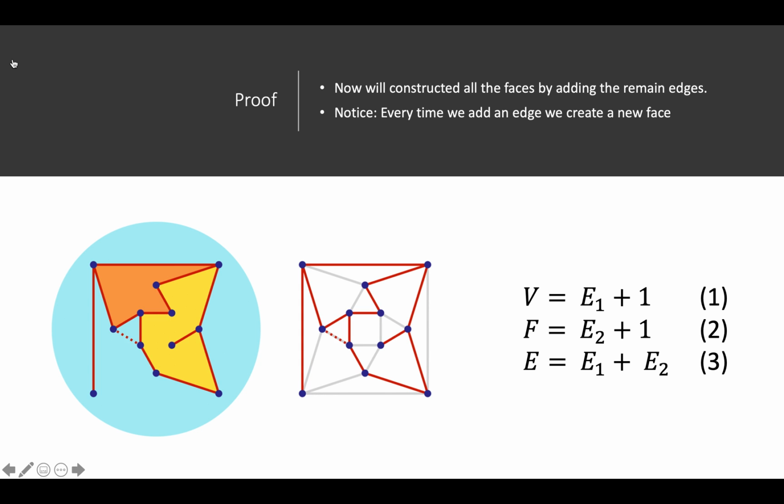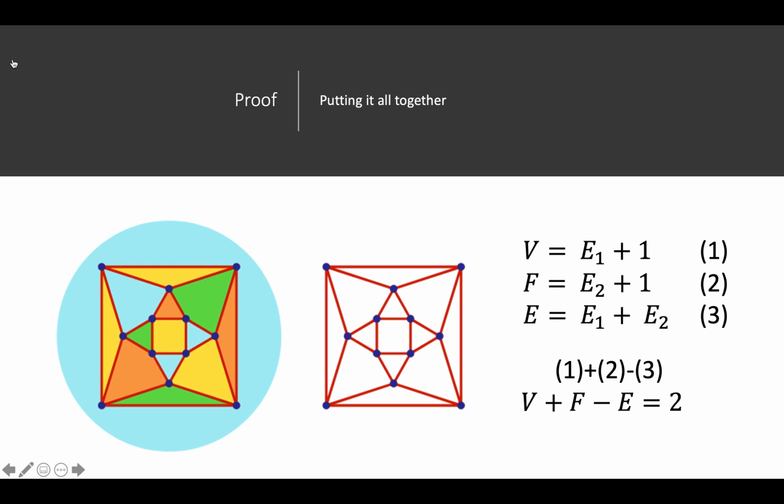And then we have equation 3, which is nothing more than noticing that the total edges was the edges from our initial partial Schlegel diagram plus the ones we just filled in to create the faces. We now have everything we need to complete our proof. All we need to do is create a linear combination of these equations to construct Euler's formula.